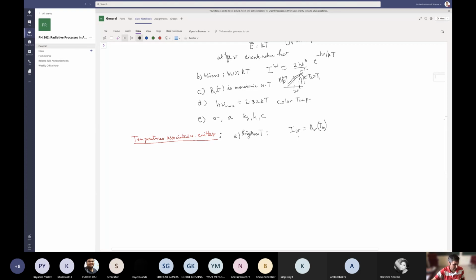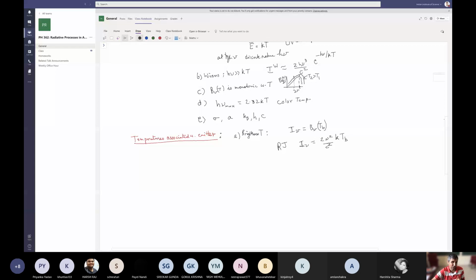Right. And it actually makes a lot of sense in the Rayleigh-Jeans part, because in the Rayleigh-Jeans limit, I_nu equals 2 nu squared by c squared times kT. So I_nu is proportional to the brightness temperature in the Rayleigh-Jeans limit. I_nu is a more difficult quantity to relate to, so you can deal with this brightness temperature instead.